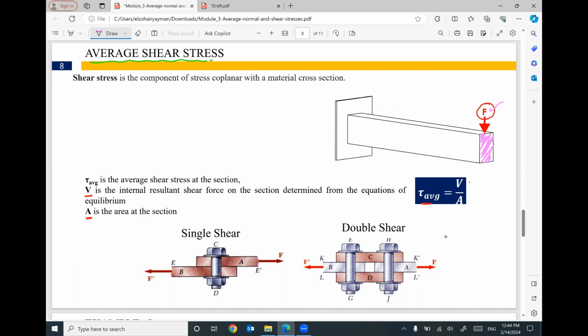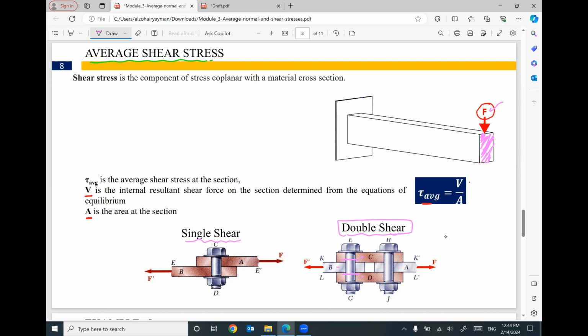And keep in mind and remember, sometimes we have single shear and sometimes we have double shear. If you look here, this bolt is connecting between two plates and one more. So we should expect shearing at this surface and another shearing at this surface. So it will be called double shear.